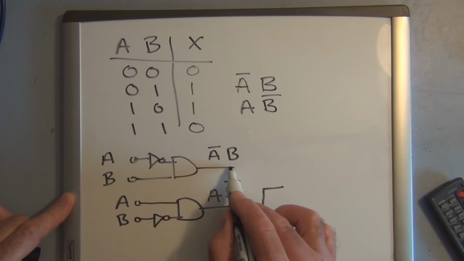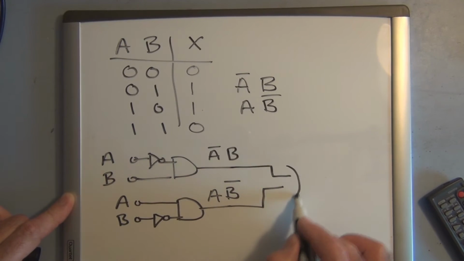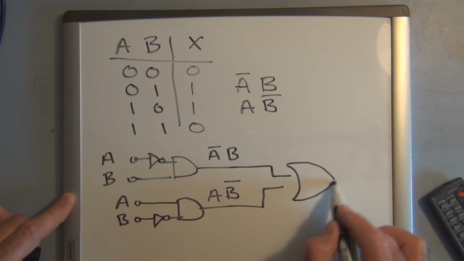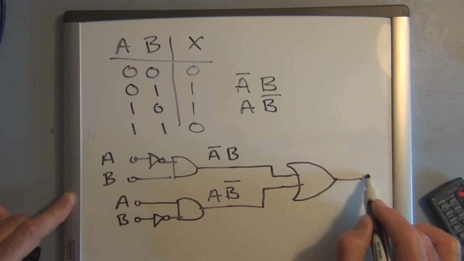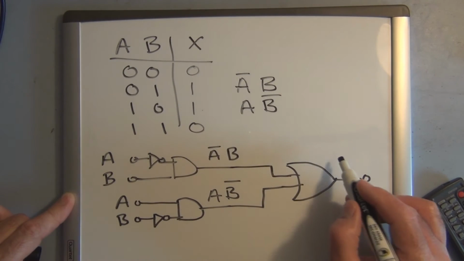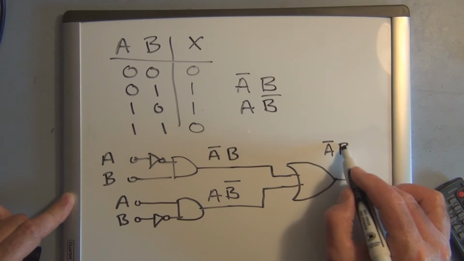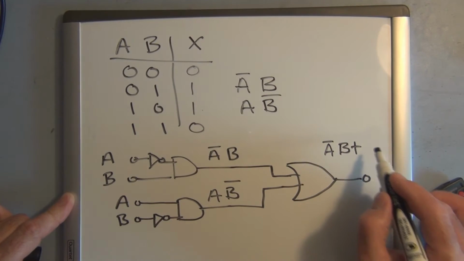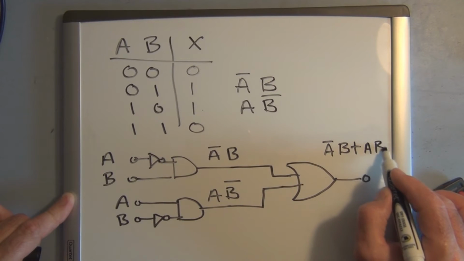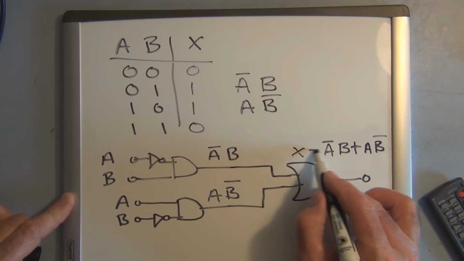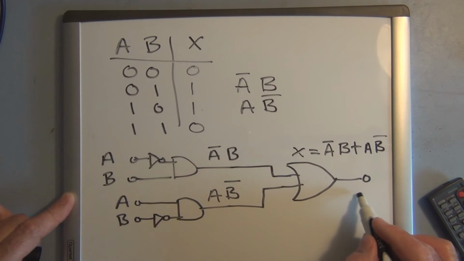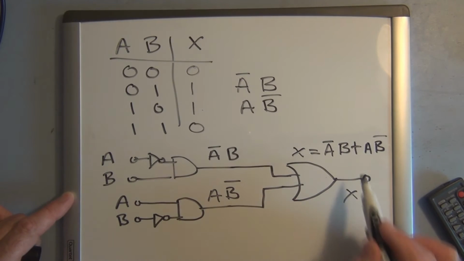And we just feed these two outputs into an OR gate. The output here would be A naught B, ORed together with A B naught, and that's what the final output X would be equal to.